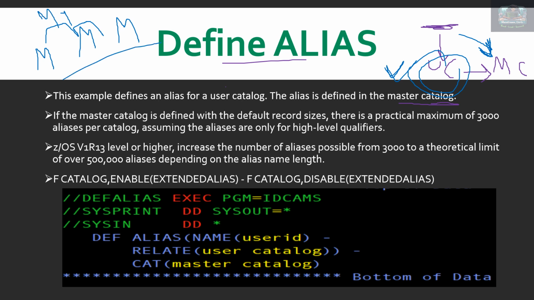For performance, one manager cannot take care of all 60 people, but each manager can manage 20 people. In the same way, the user catalog is somewhat like that.